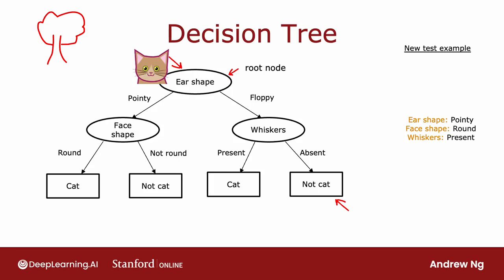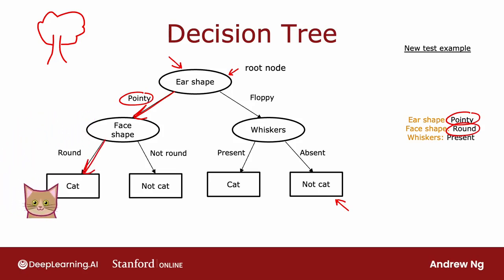The value of the ear shape of this example is pointy, and so we'll go down the left branch of the tree like so, and end up at this oval node over here. We then look at the face shape of this example, which turns out to be round, and so we will follow this arrow down over here, and the algorithm will make an inference that it thinks this is a cat. And so you get to this node, and the algorithm will make a prediction that this is a cat.